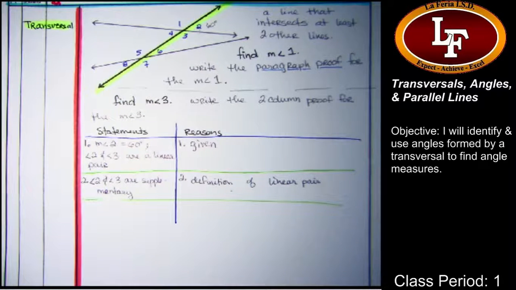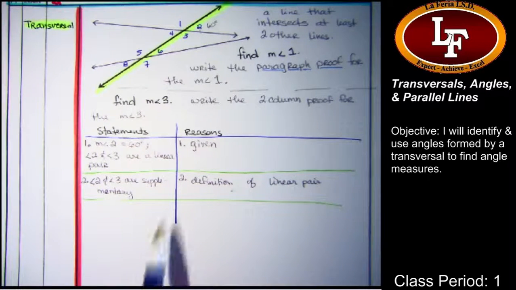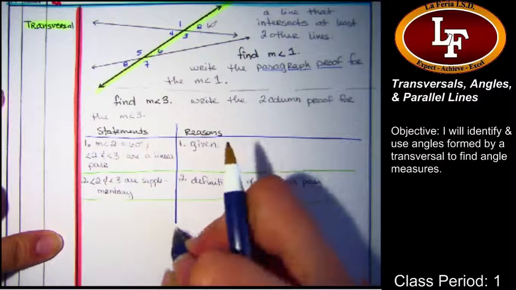You see how this is kind of like the sentences from the paragraph proof that you wrote once. Our first sentence was angles 1 and 2, in that case, are a linear pair. And because they're a linear pair, they're supplementary. Same sort of thing happening here.